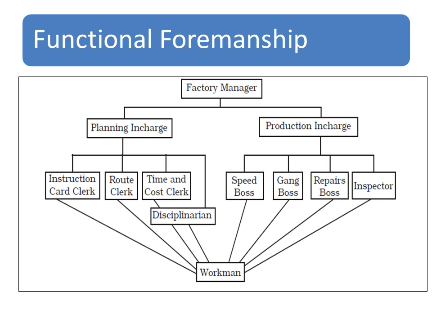As you can see, the planning in charge has four clerks under him: instruction card clerk, route clerk, time and cost clerk, and disciplinarian. As well, the production in charge has speed boss, gang boss, repair boss, and inspector. Let us study who is an instruction card clerk as well as who is a route clerk.